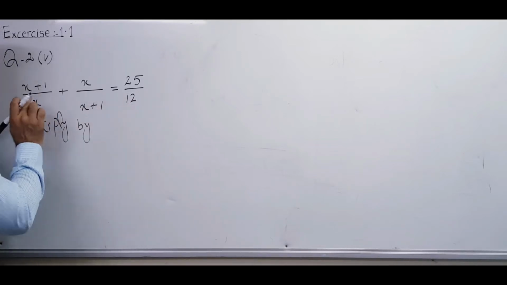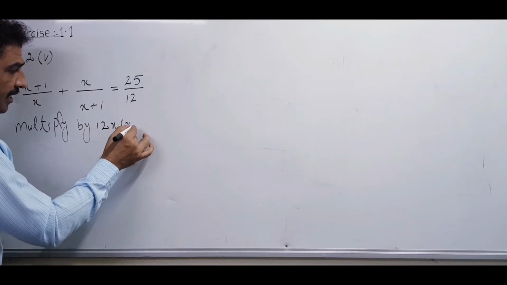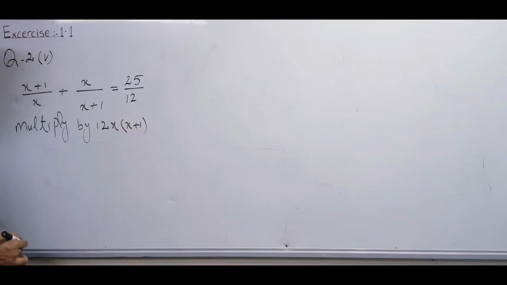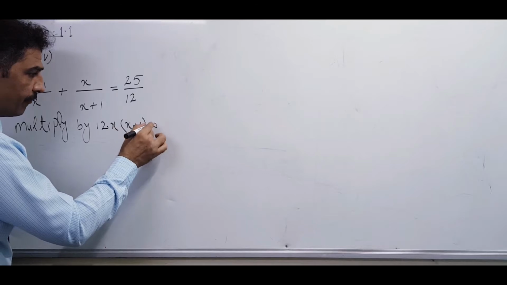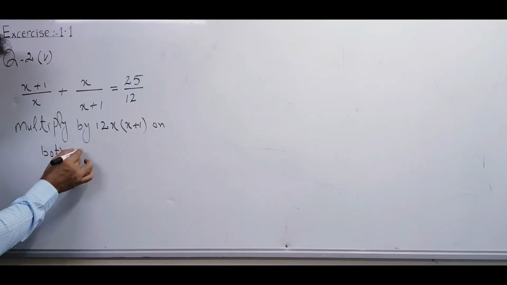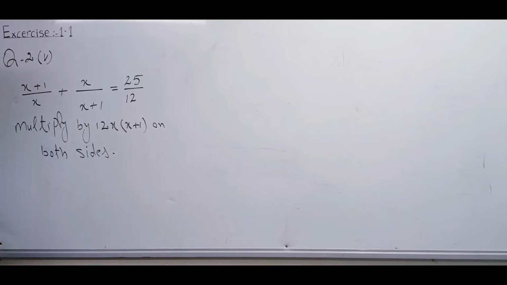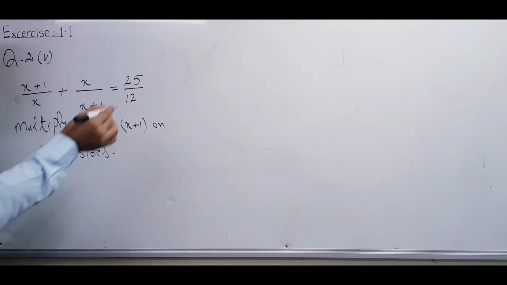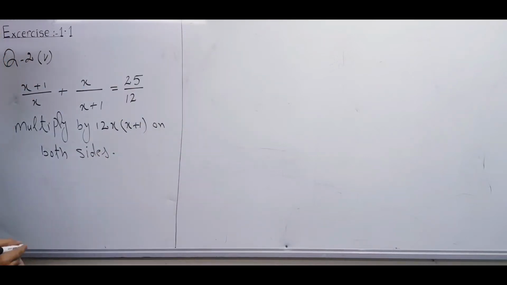When we multiply these two, it will become 12x, and here you use the bracket x plus 1. Multiply by 12x into x plus 1 on both sides, because both sides have terms with the equal sign between them.